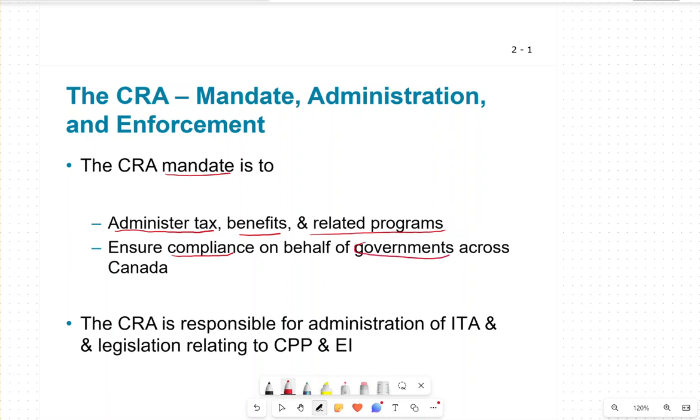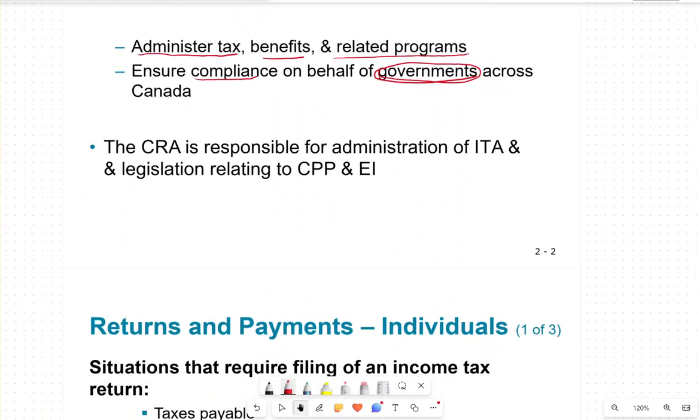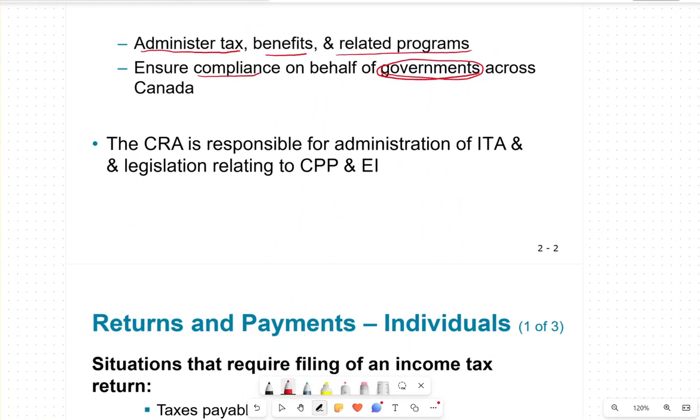They are not a government, but they work on behalf of the government. CRA is also responsible for administration of the Income Tax Act and legislation related to CPP, the Canada Pension Plan, and EI.